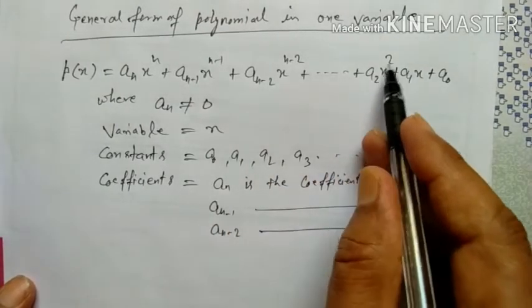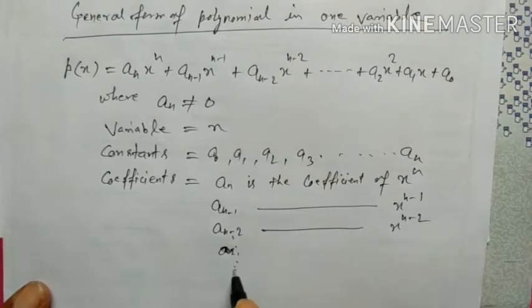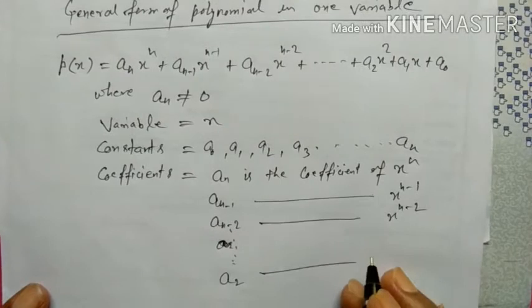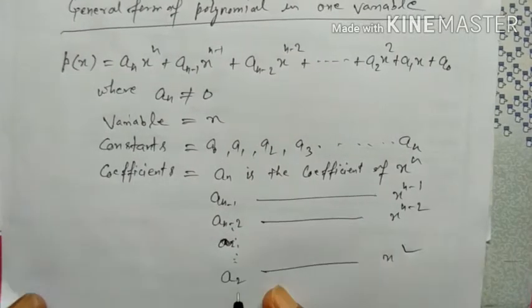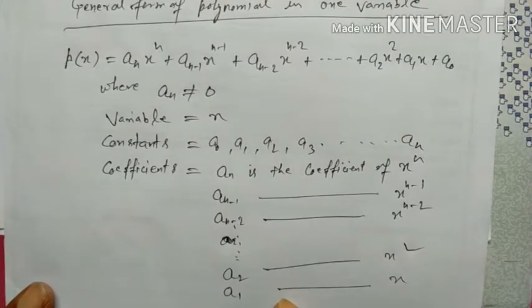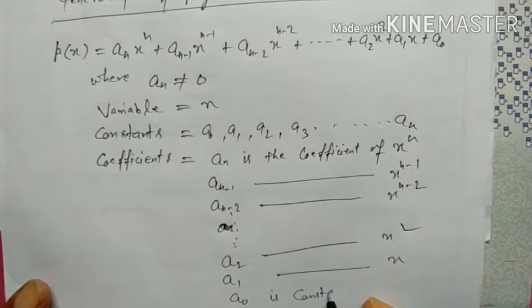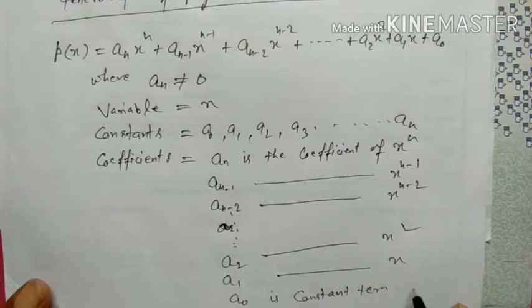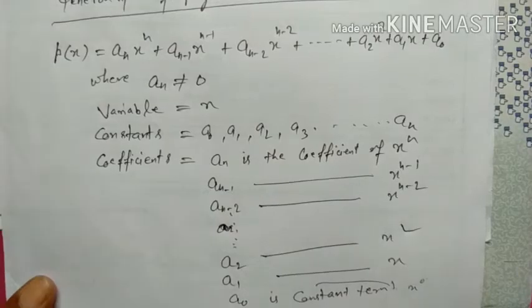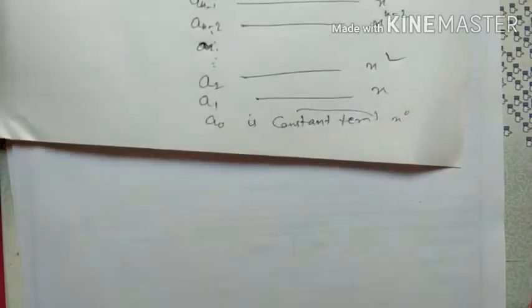Similarly, a2 is the coefficient of x square, a1 is the coefficient of x, and a0 is the constant term, and this is the coefficient of x power 0 also.